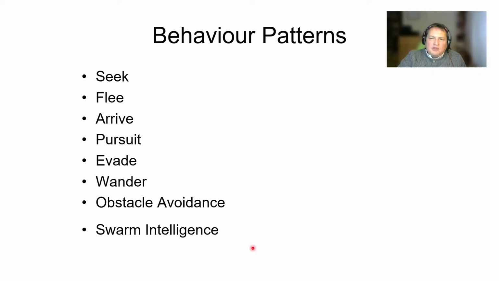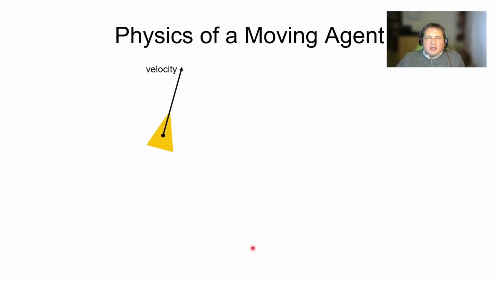But first things first. This diagram shows a moving autonomous agent. The direction and speed or velocity of this movement is shown as a velocity vector.